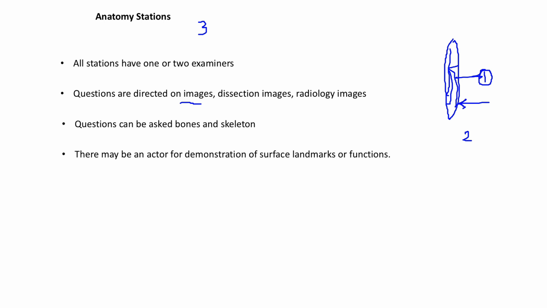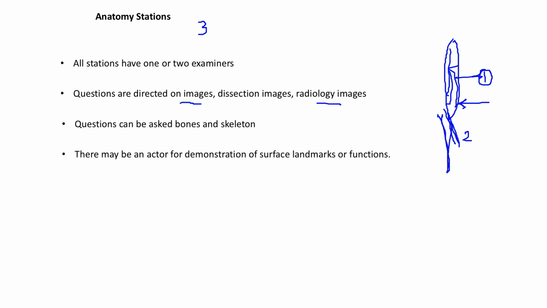And then they ask the second image, maybe the nearby image like brachioradialis muscle, or maybe any structure in the cubital fossa like median nerve or brachial artery.